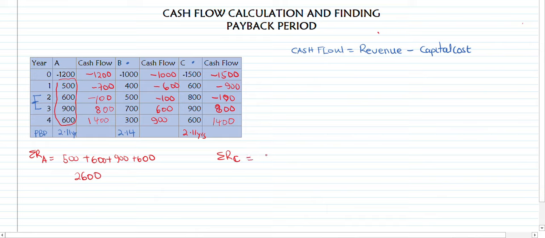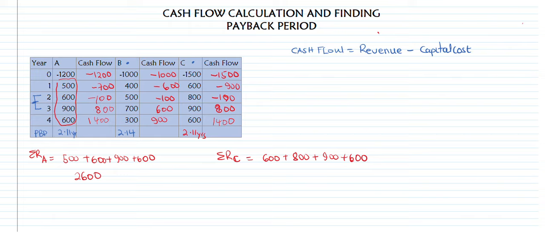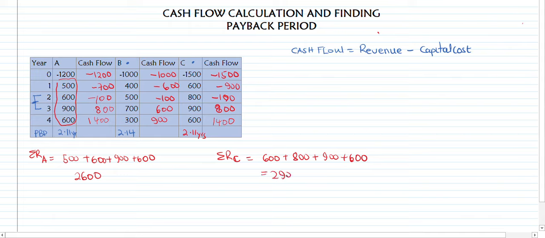So that is 600 plus 800 plus 900 plus 600, and that is 2,900. So we are going to find the benefit cost ratio for A, which is 2,600, the revenue, over the capital cost, 1,200. Zero cancels zero, zero cancels zero. So I have 26 over 12.